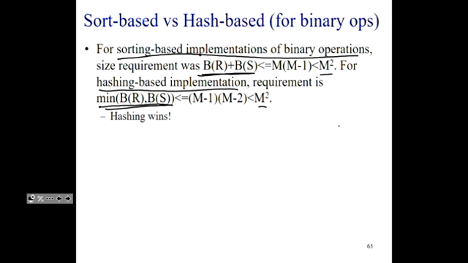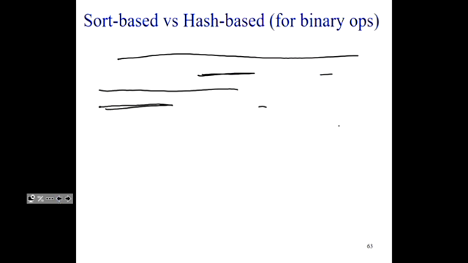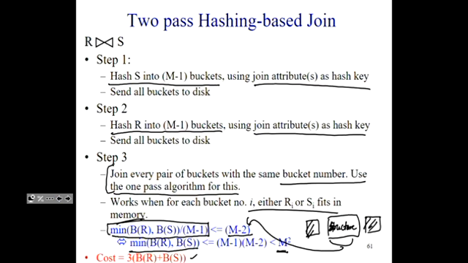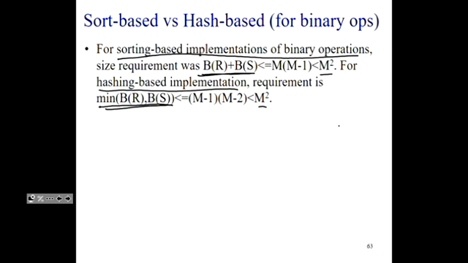Right? So we don't require both b of r and b of s to be less than m square. We only need one of them to be less than m square. So that's one clear benefit of hashing as compared to sorting for the binary operations. Okay, so this is a clear place where hashing wins.